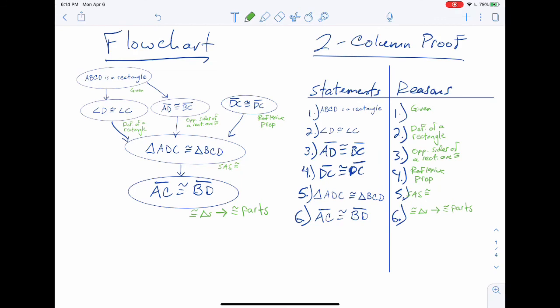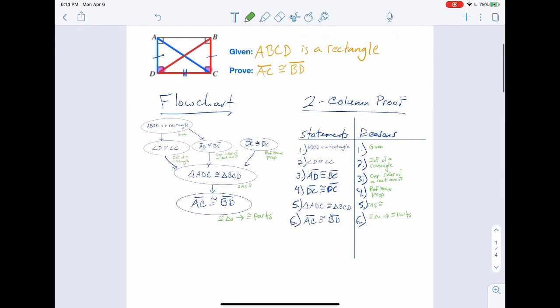And there is the argument for this problem written as a two-column proof.